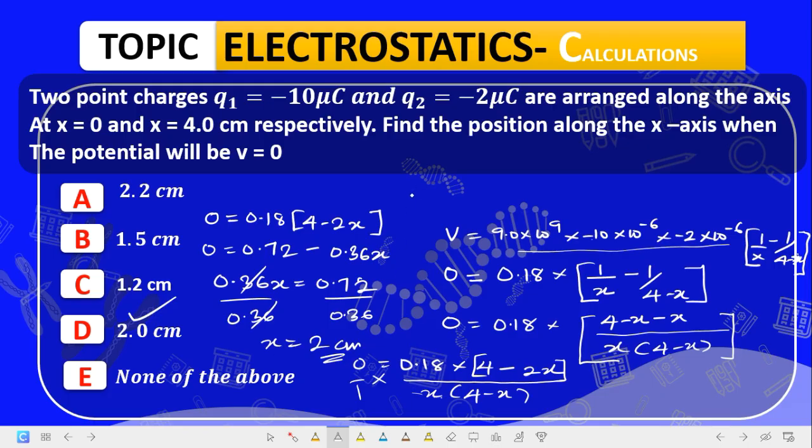Use the formula V equals K Q1 Q2, then brackets 1 over R1 minus 1 over R2. At this point, substitute V equals 0, substitute in Q1 and Q2, look for R1 and R2. You're going to have your answer. So that's the correct answer to that question.